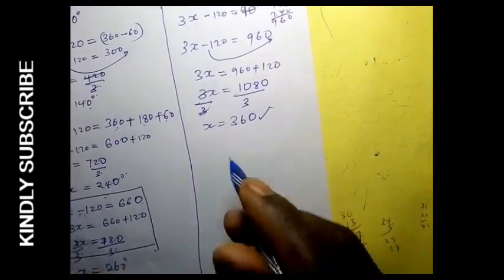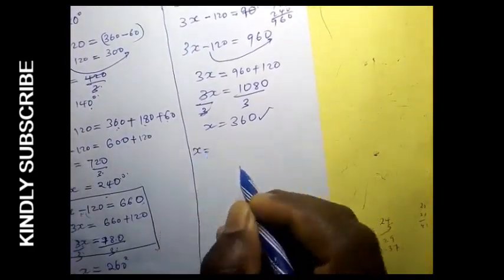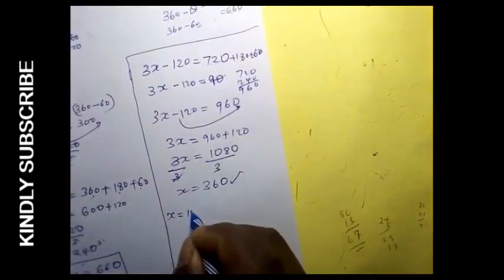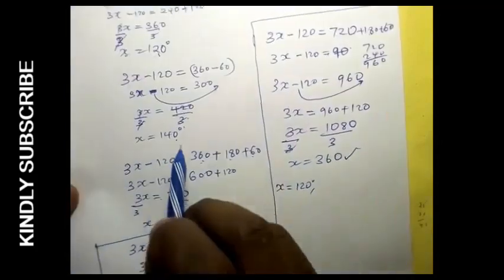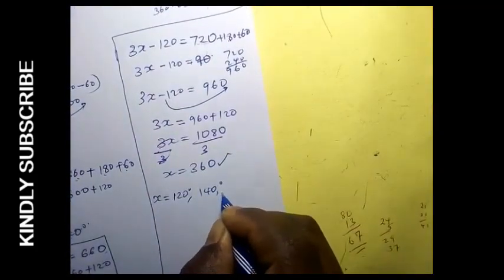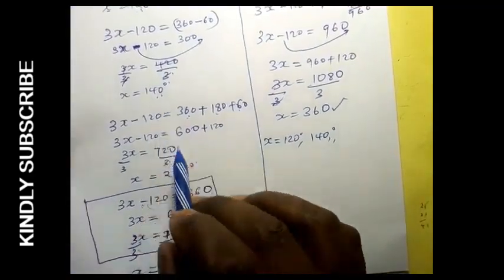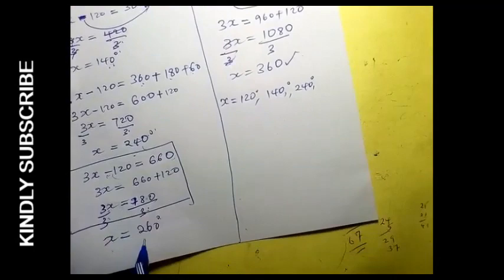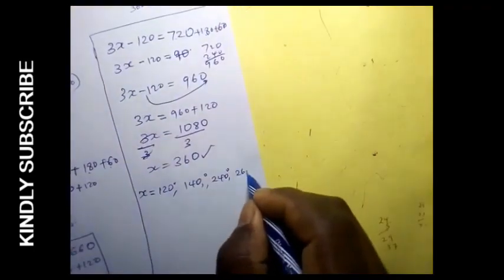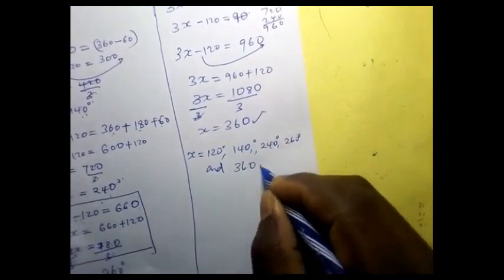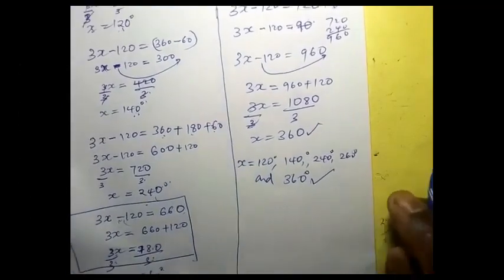Now we have the values of x: the first one was 120 degrees, the second was 140 degrees, then 240 degrees, 260 degrees, and 360 degrees, and you finish that question.